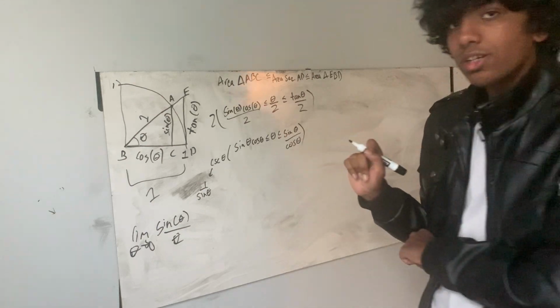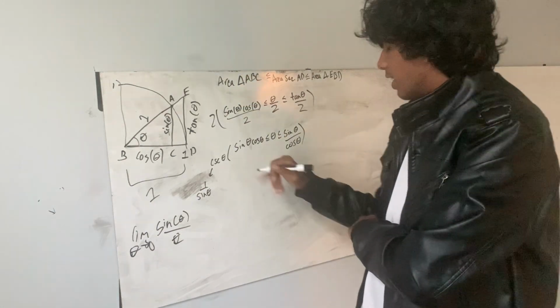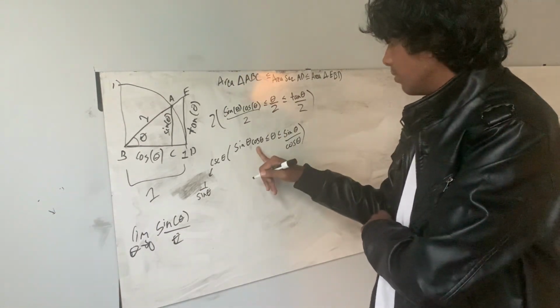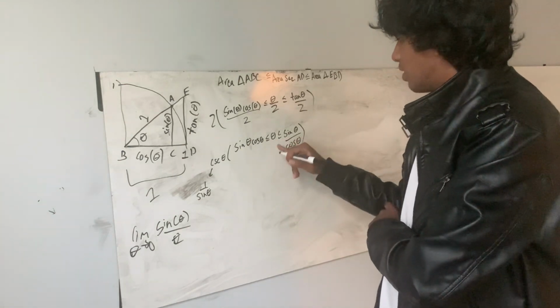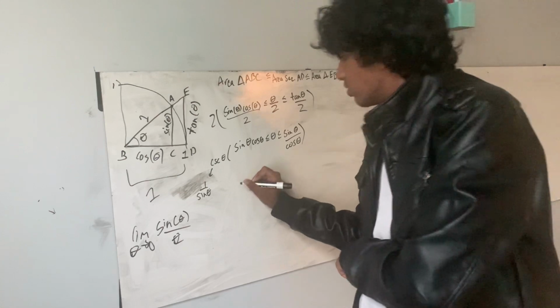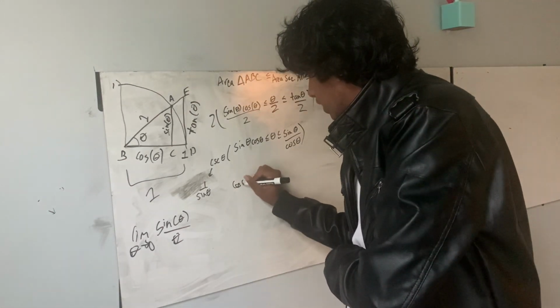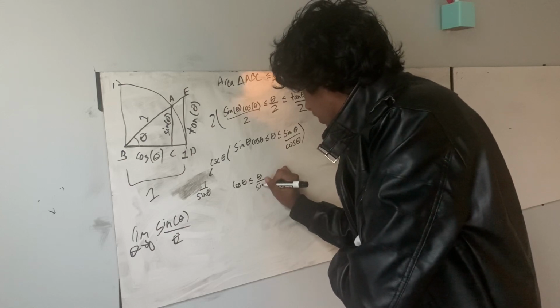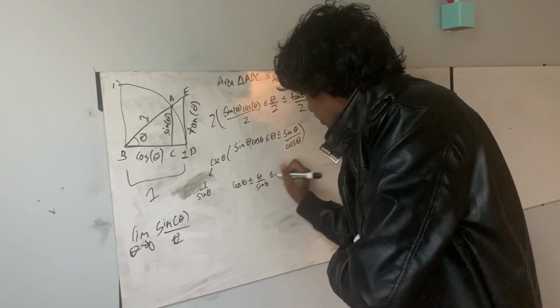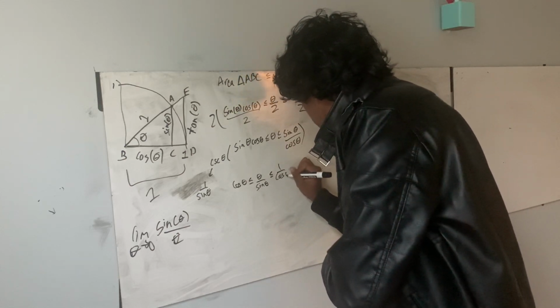Cosecant theta and sine theta go to 1. Same likewise over here. So we're left with cosine theta is smaller than or equal to theta over sine theta, which is smaller than or equal to 1 over cosine theta.